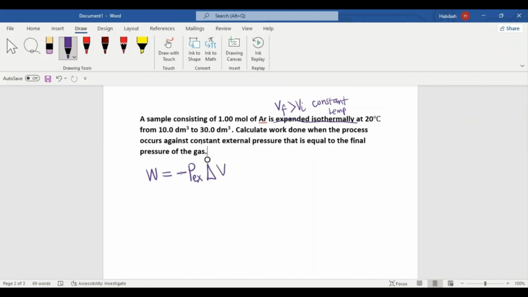So the first thing you have to do is find what pressure is, and we have what the change in volume is. Ignore the other parameters, which is the number of moles. Also ignore the fact that the temperature is given, and that the volume is given in dm cube.